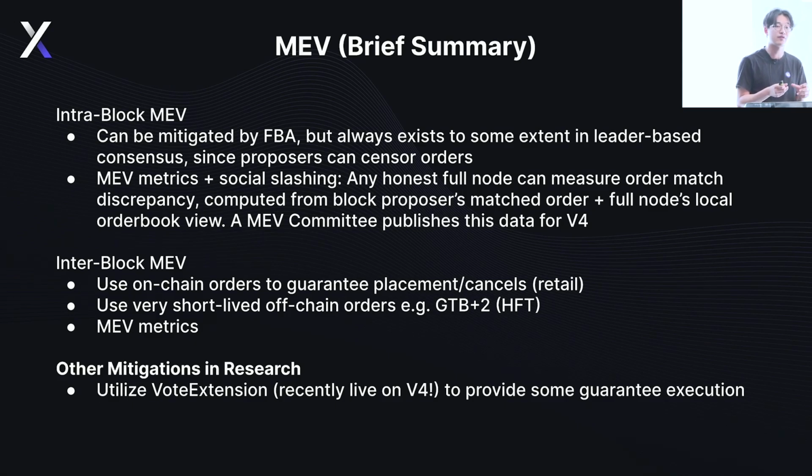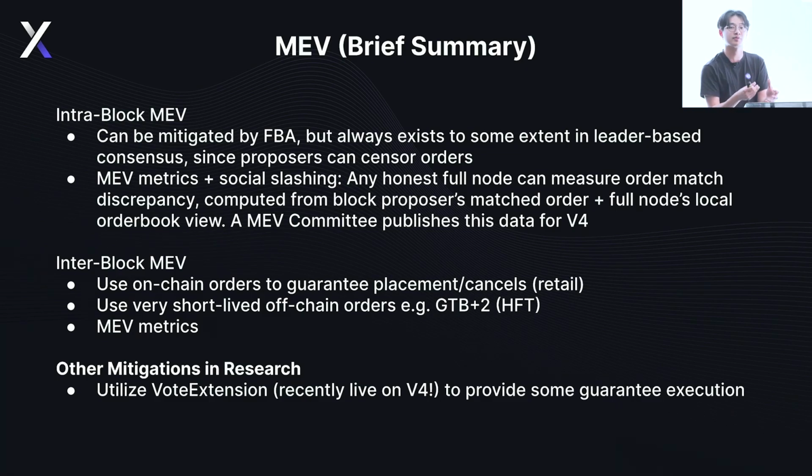Because short-term orders are never committed on-chain, hypothetically, a malicious proposer can pretend that they never saw previous short-term orders, right? And they can censor and reorder them, just like the intra-block case. So to combat this, firstly, we have to note that retail users mainly use on-chain orders to guarantee placement and cancels, right?